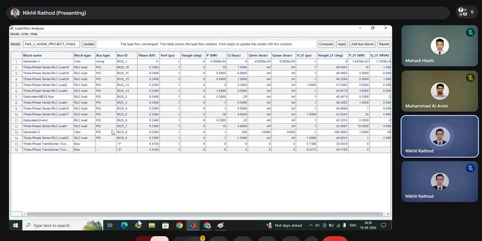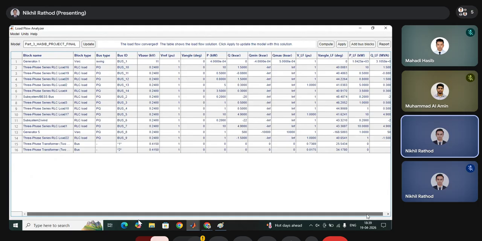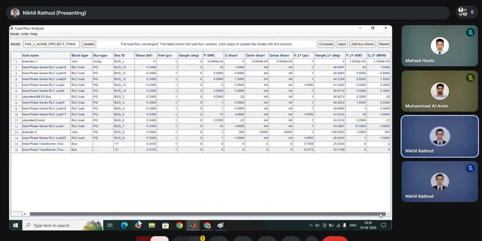Then the different generators. Let's say what is generated by the battery, the BSS subsystem. The battery is feeding 20 kVA into the system, and wind is also there. The wind subsystem is feeding back the power 22.